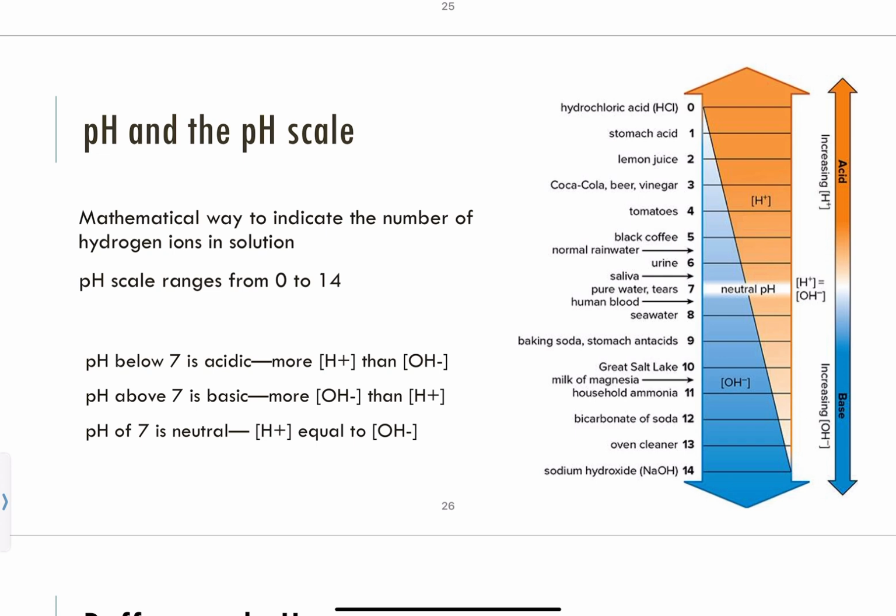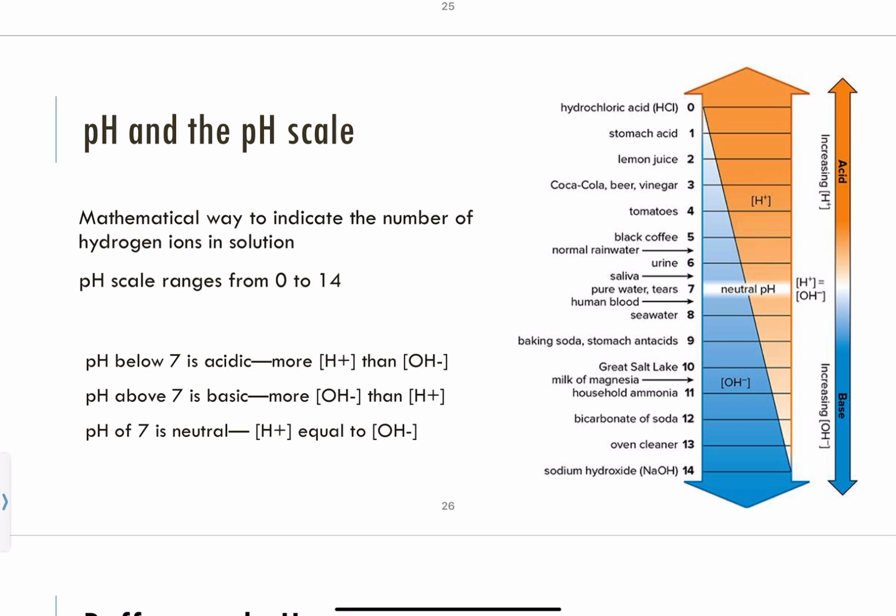A pH below 7 indicates an acidic solution, meaning it has more hydrogen ions than hydroxide ions. A pH above 7 indicates a basic solution, which means you have more hydroxide ions than hydrogen ions. And a pH of 7 is neutral, which is where pure water sits.